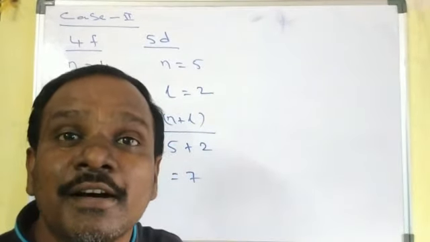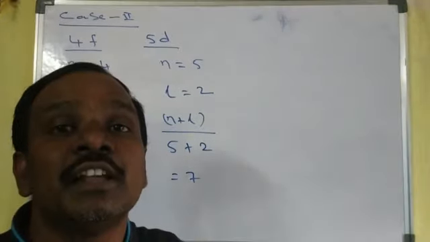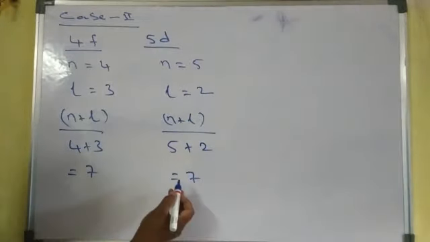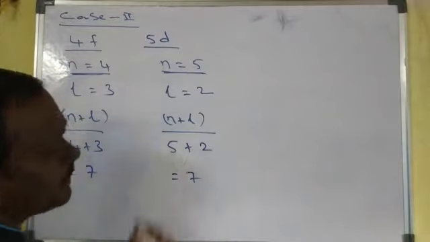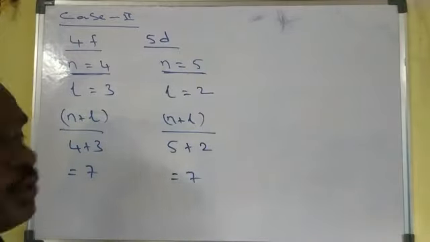The orbital which has the lower n value has lower energy. So among these two, here the n value is 4, here the n value is 5. Which orbital has the lower n value?